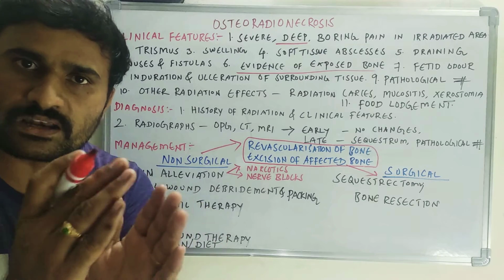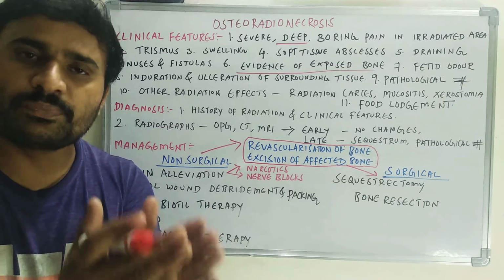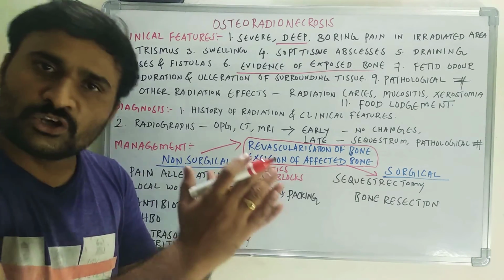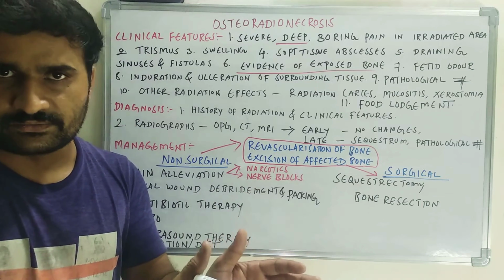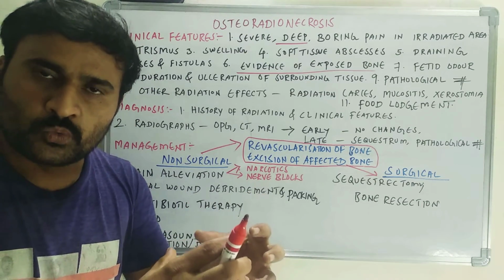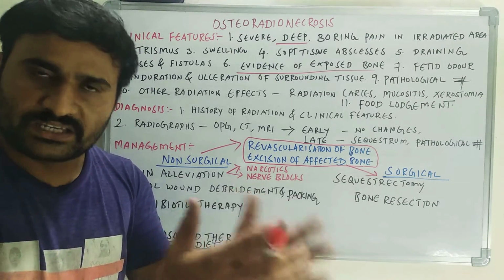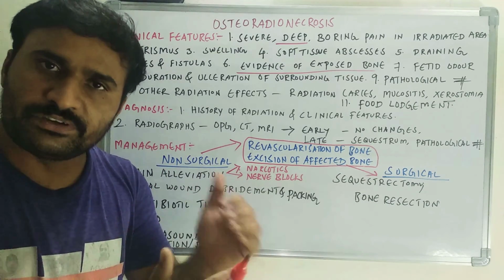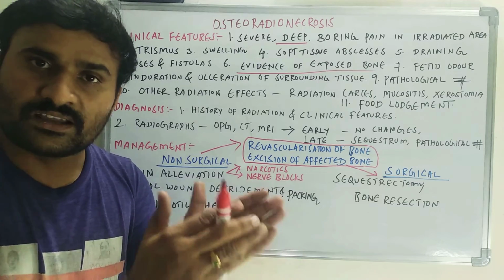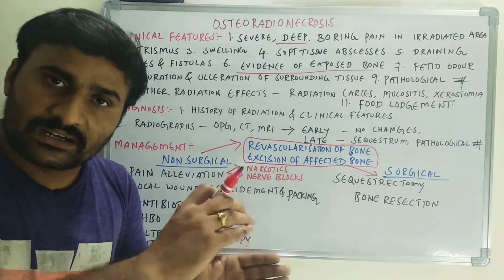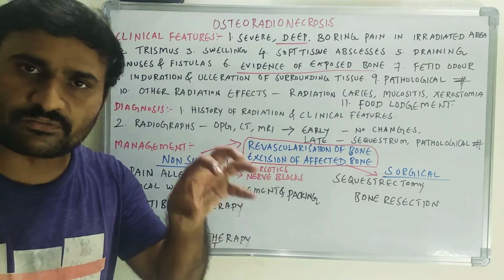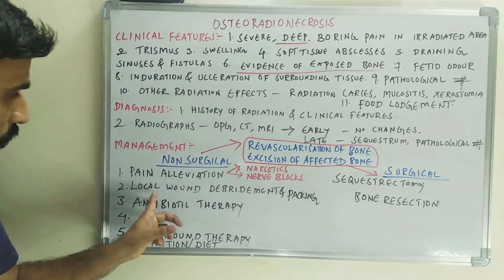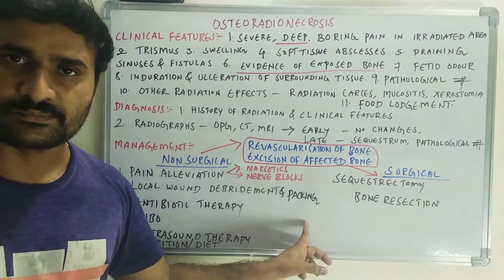Zinc oxide eugenol acts as an obtundent, that is a pain relieving agent, and neomycin acts as an antibiotic agent. With these two agents, the pack is placed, and this pack should be repeated every week until there is bone healing and covering of the exposed bone. So this is local wound debridement and packing.